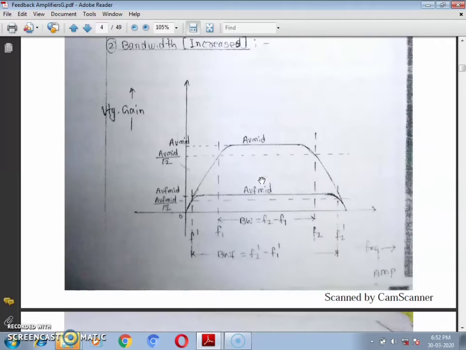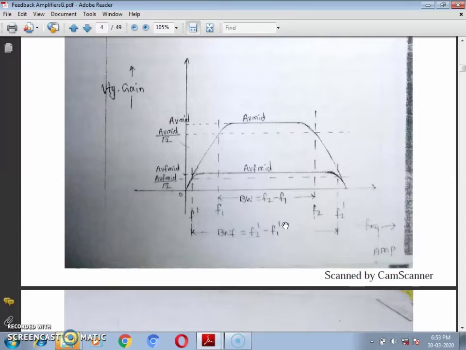Let's consider a typical frequency response of an RC coupled amplifier without feedback, where you have the lower cutoff frequency and the upper cutoff frequency. From this we find the bandwidth, labeled BW, which is given as F2 minus F1. Now we want to find the bandwidth with feedback.